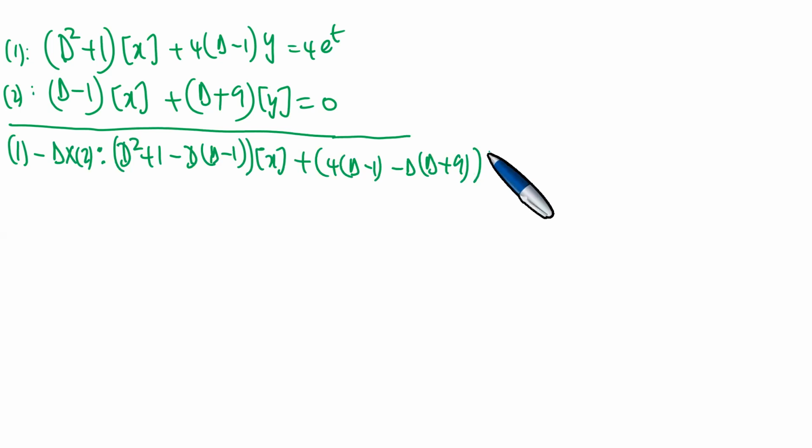Then you put a y here. So it's equation 1, which is 4e to the t, minus d into the 0, d of 0. Okay, because if you say d of 2, then you must take d both sides of the equation so that the equation remains stable.